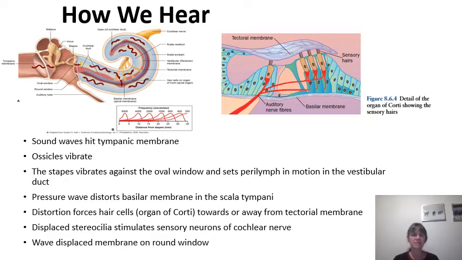So again, as the stereocilia are displaced, those afferent impulses get transmitted to the cochlear nerve, and the cochlear nerve joins with the vestibular nerve to form the vestibulocochlear nerve.